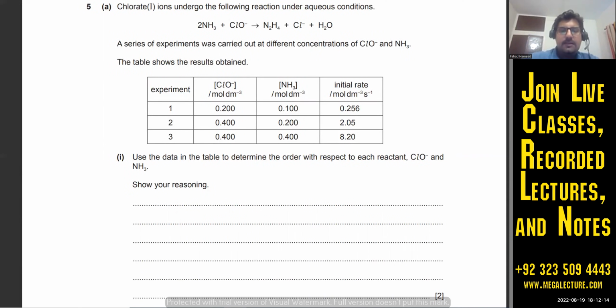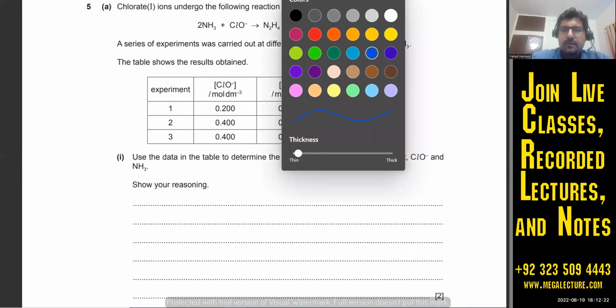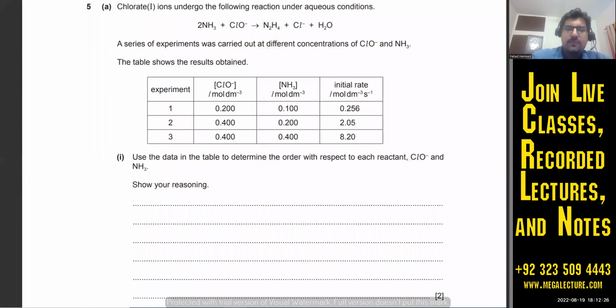So let's try and do this question. I've got this reaction, and in this reaction, there is NH3, and this NH3 is reacting with ClO-.